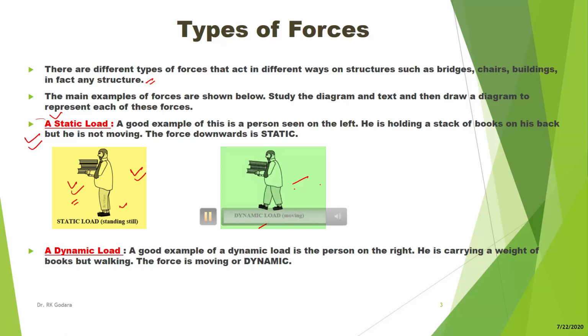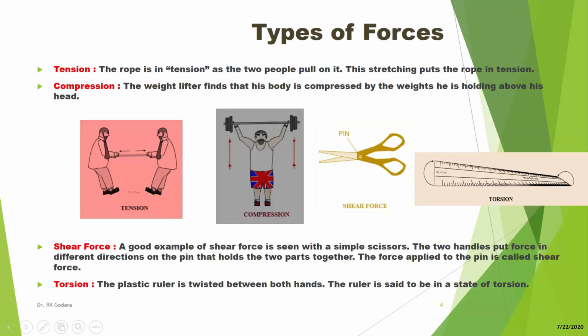This type of load is known as dynamic load. At t equal to 0, at the starting place there was no load, but when the person arrives at that place, after some time there will be a load. So the load is changing with time, and this type is known as dynamic load.